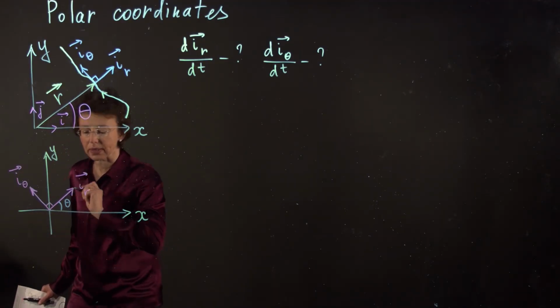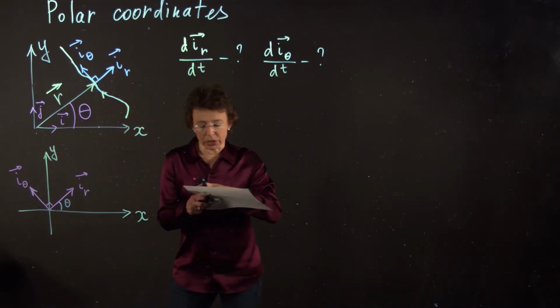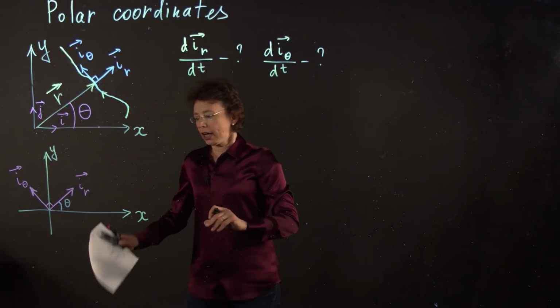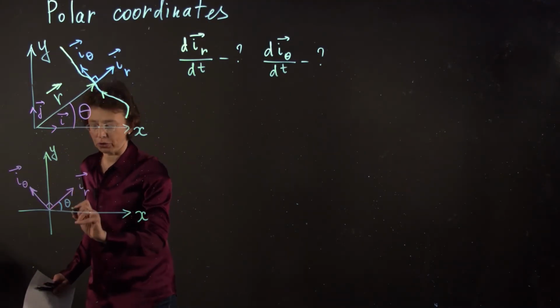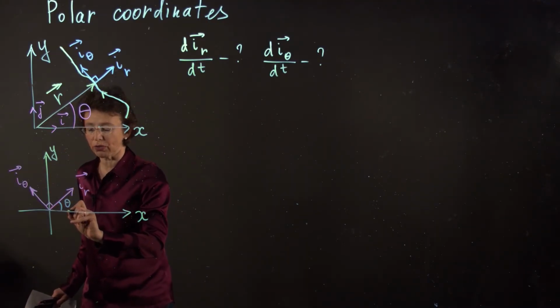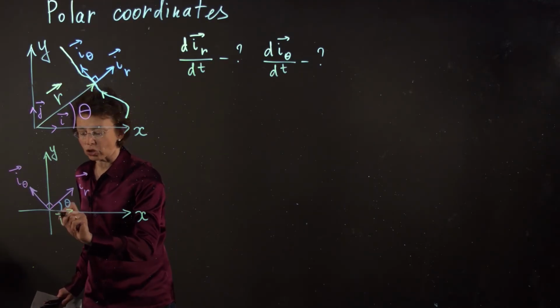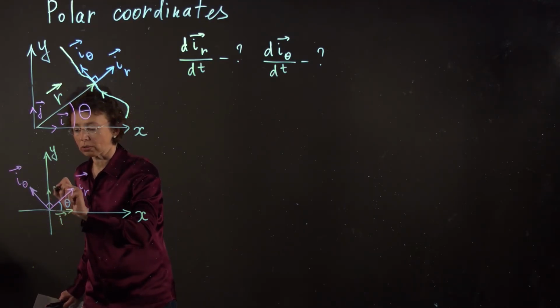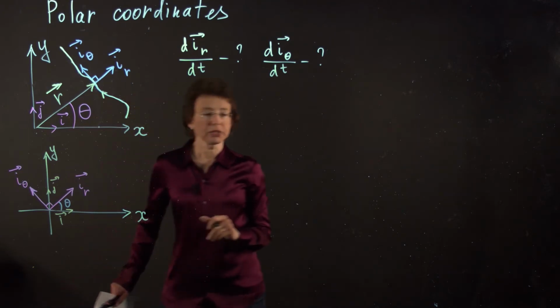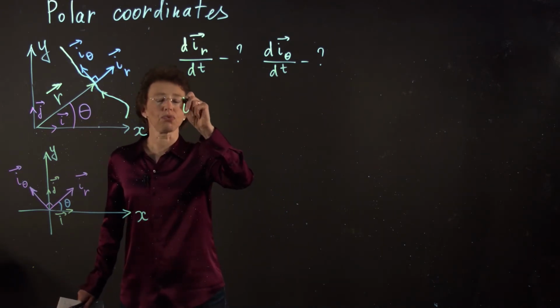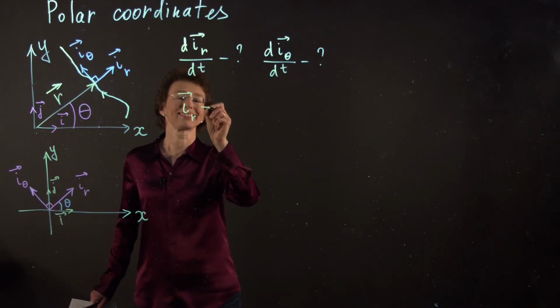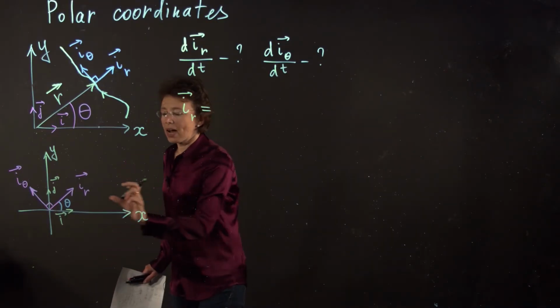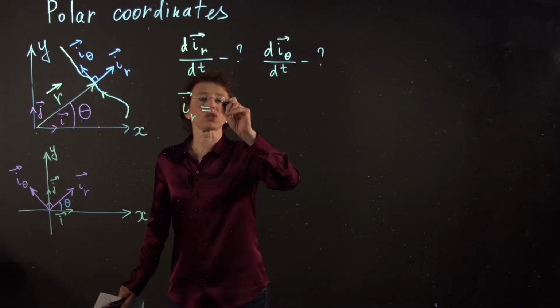This angle is theta. Okay, so now I need to express i_r and i_theta in terms of our usual unit vectors i and j. Let's do it. So i_r will go first. What is i_r? The length of i_r is 1.